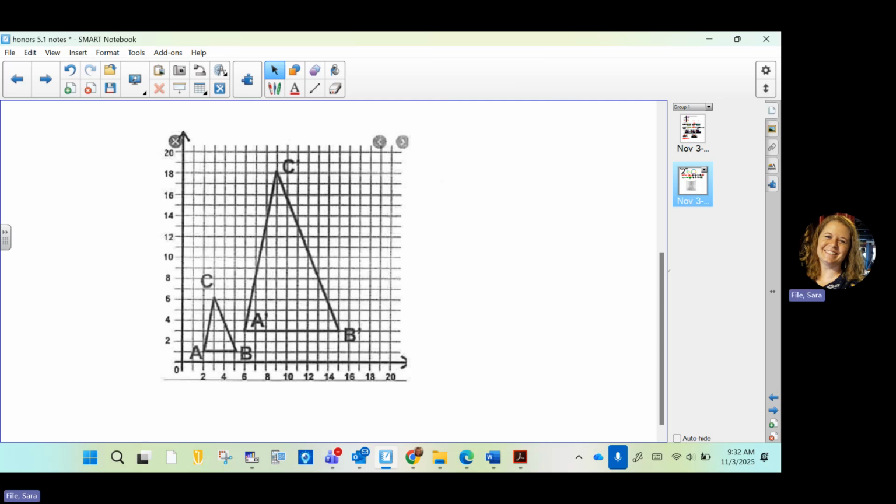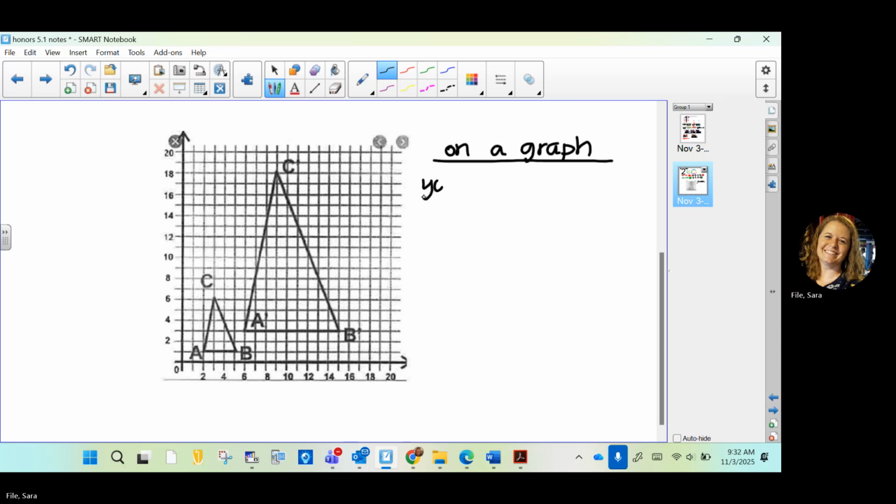Okay. So I'm going to put a note here because you've got some options when you have a graph. So you can count the altitude or base.